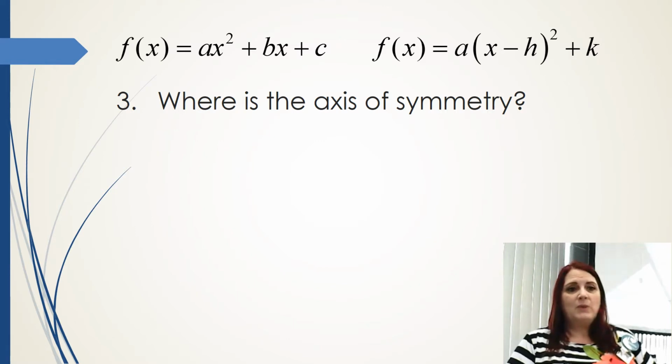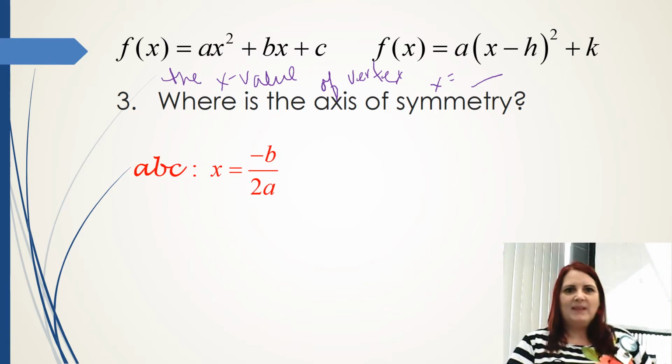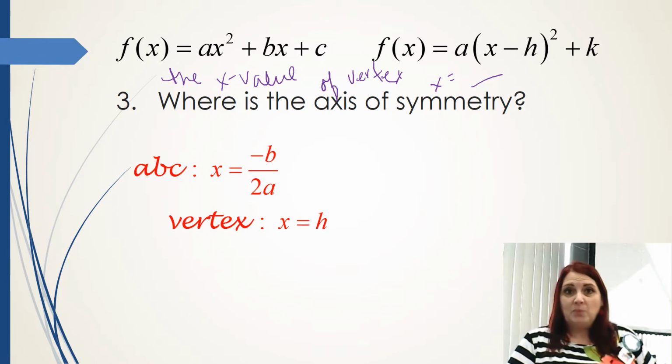Because it's always going to be the x value of the vertex. It's just going to be x equals whatever that is. So in the ABC form, or the general form, it is x equals negative b over 2a. In the vertex form, it's simply x equals h.